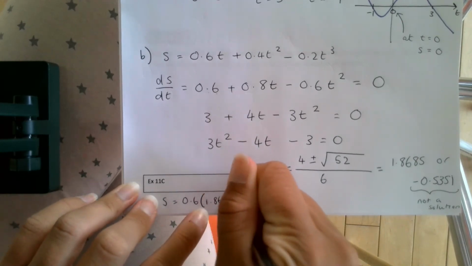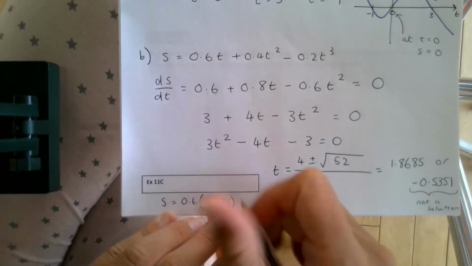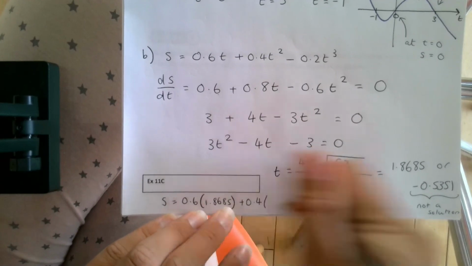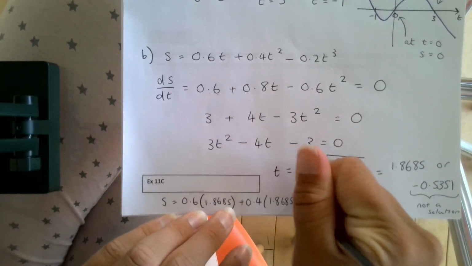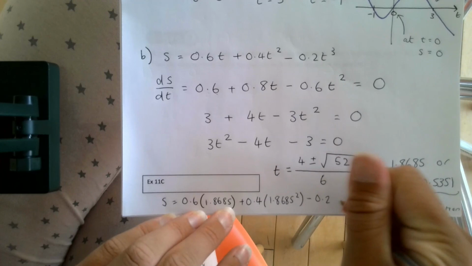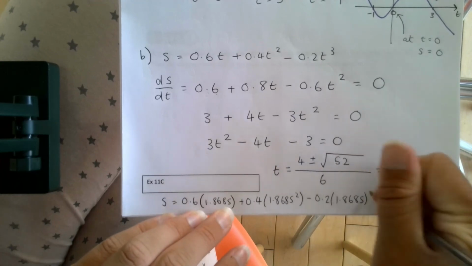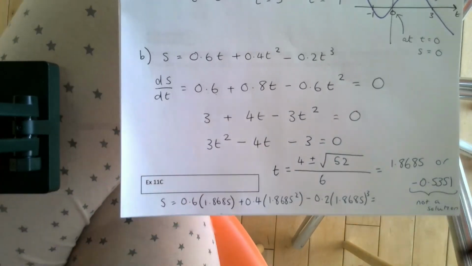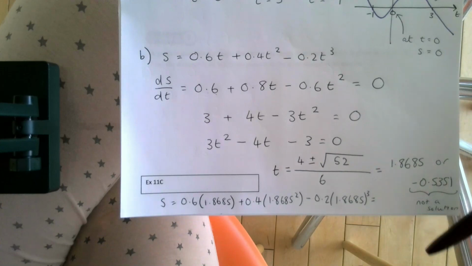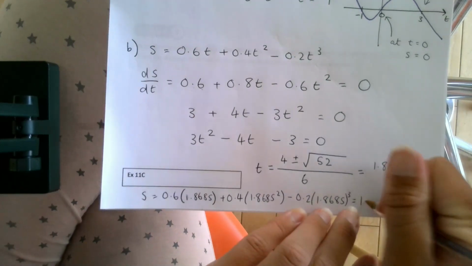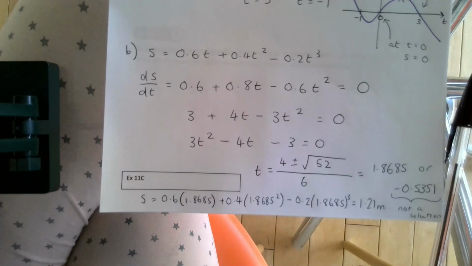Obviously, if you carried on with your calculator, you could just use the answer button to make this more accurate. Plus 0.4 times 1.8685 squared, minus 0.2 times 1.8685 cubed. And that gives me a maximum distance of 1.21 meters.